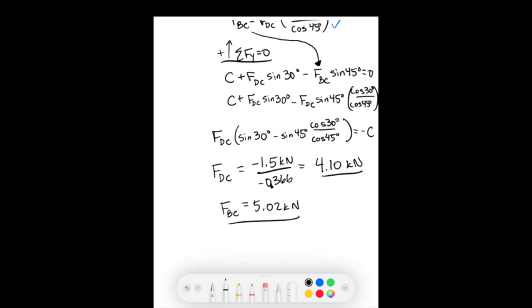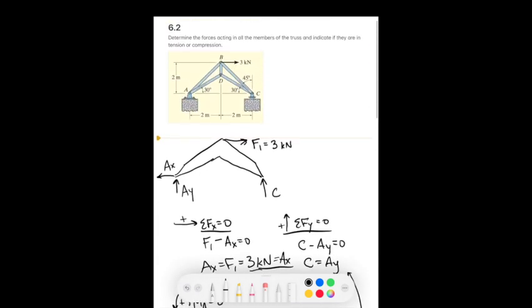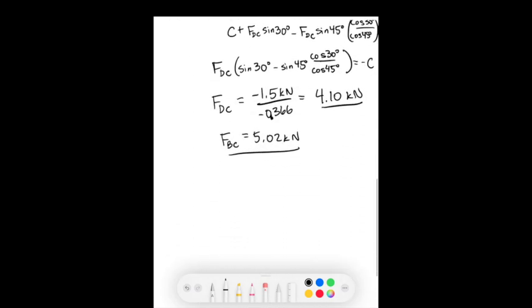We can go to joint D up here, since that has three of the members that we want. So I'll draw joint D here. I'm not sure, they might all be in tension, so I'll draw them all in tension.